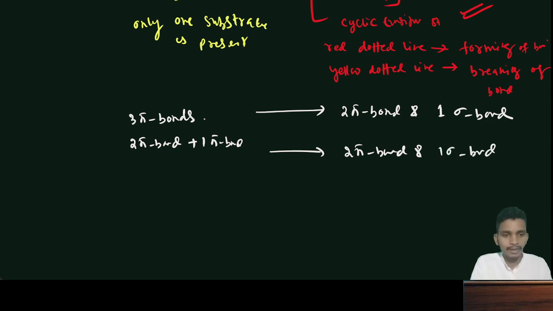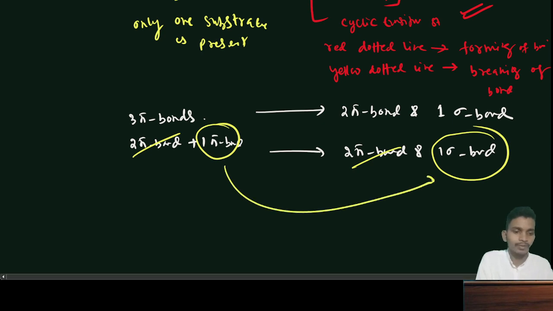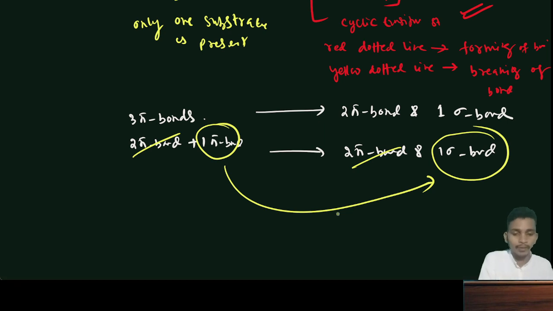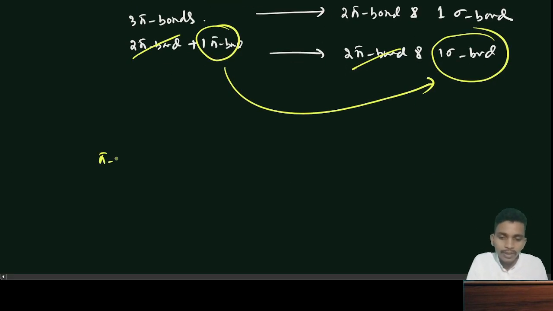It means that if you compare the energies, this and this will cancel. So 1 pi bond is forming 1 sigma bond. Pi bonds are forming a sigma bond, and we know that a pi bond is a weak bond.